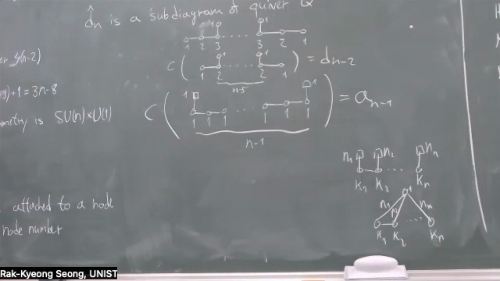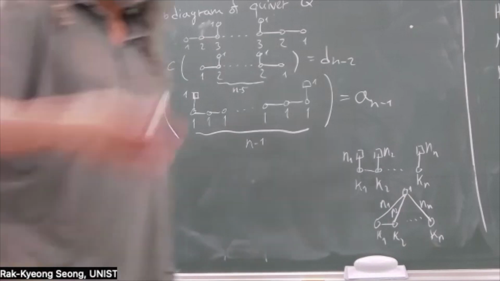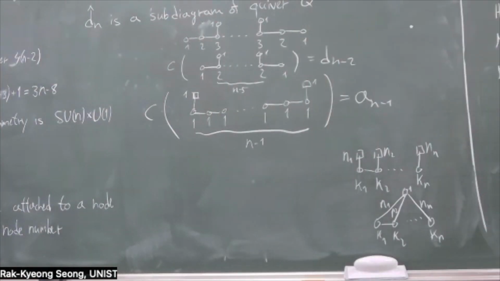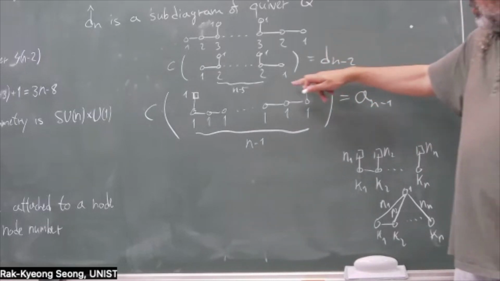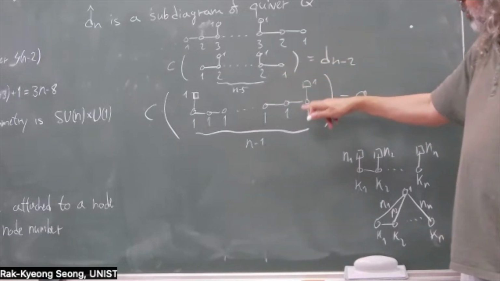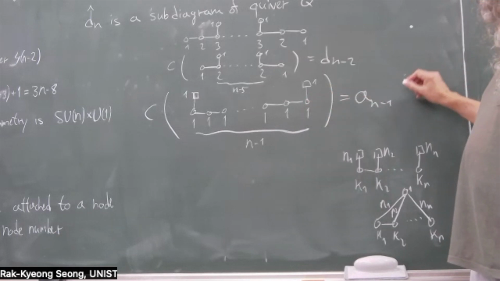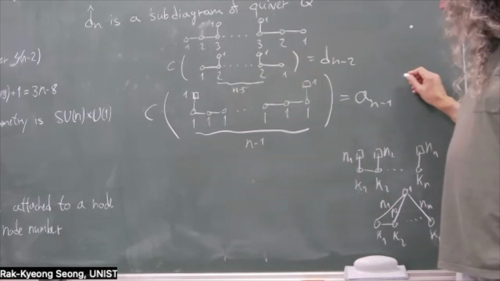So as an answer to the question, if you are not sure what to do, make all nodes gauged, and when you need to balance, this is equivalent to the circular quiver.